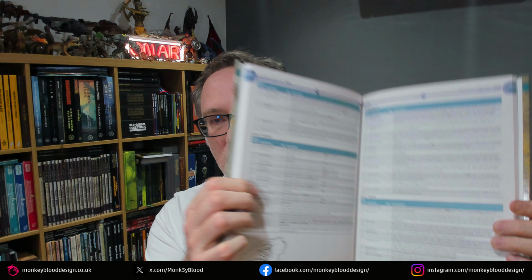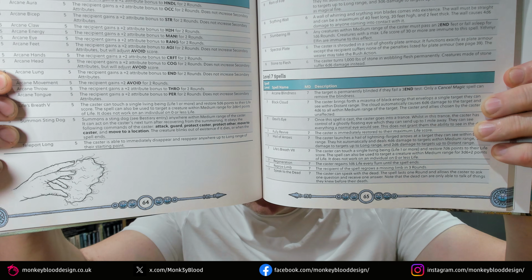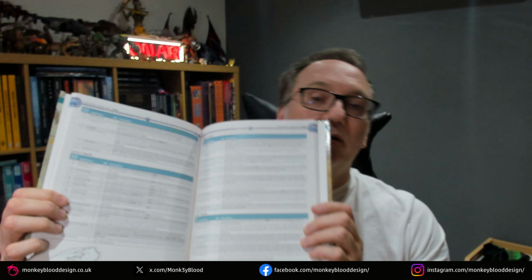So yeah, hopefully you can see the print quality is pretty good, and I've used all my layout skills to make this a cracking book, and I'm really happy with it so far.